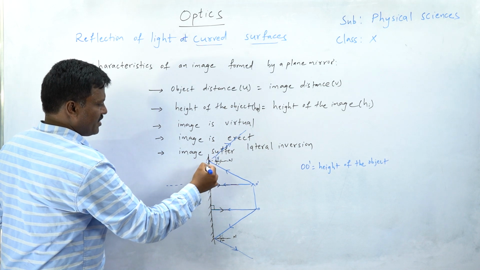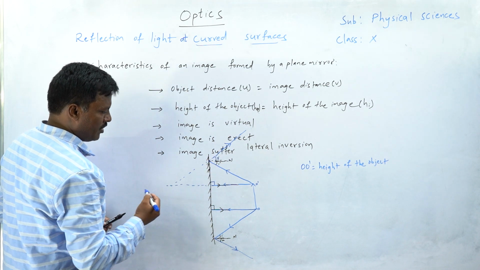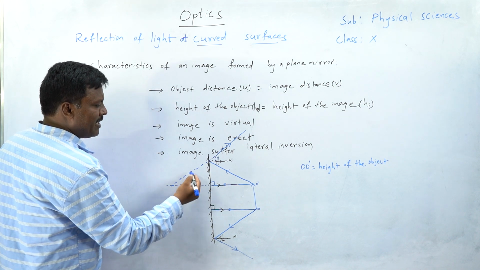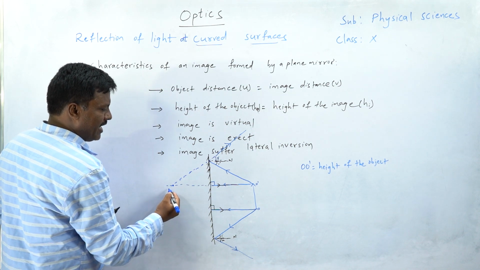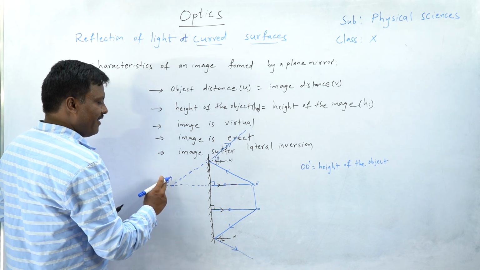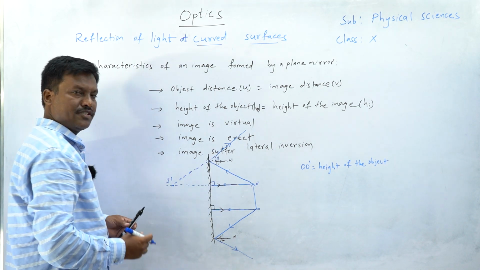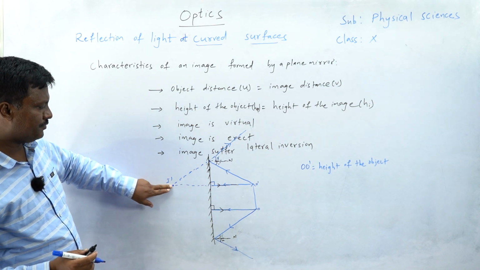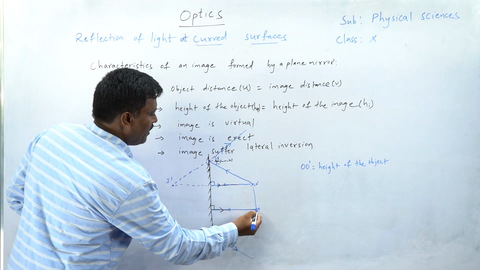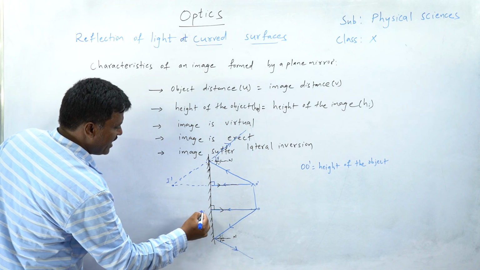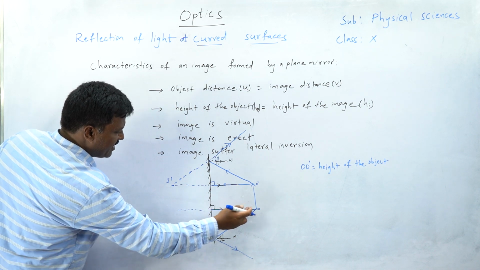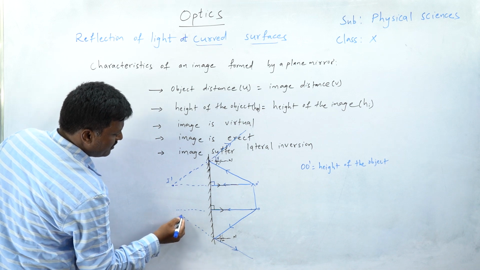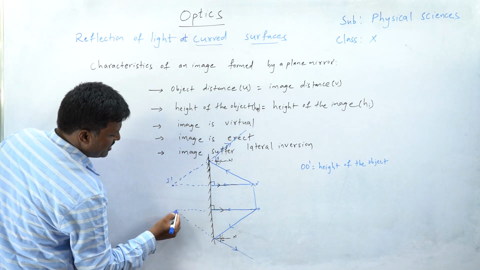If I extend this, it comes this way and meets here. So these both reflected rays are meeting at this point. This point is I dash, which is the image of O dash. In the same way, when we extend this incident ray, this reflected ray backside, and this reflected ray also backside, they will meet at this point.